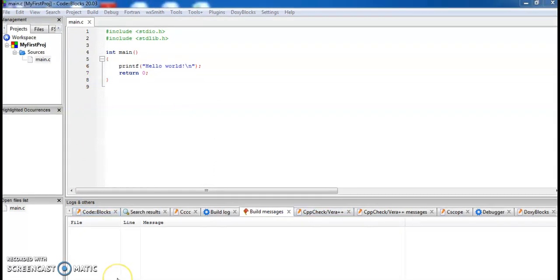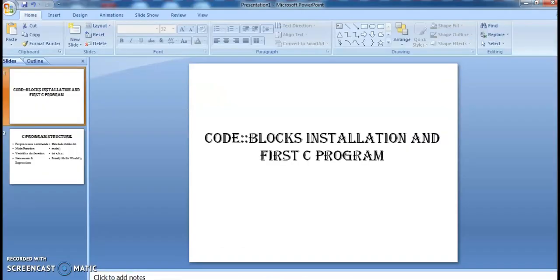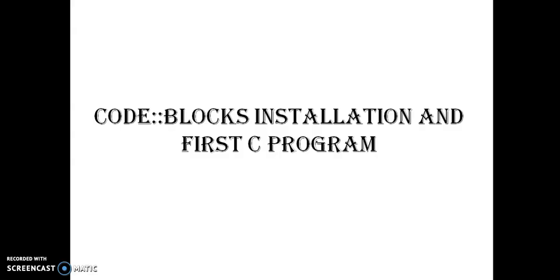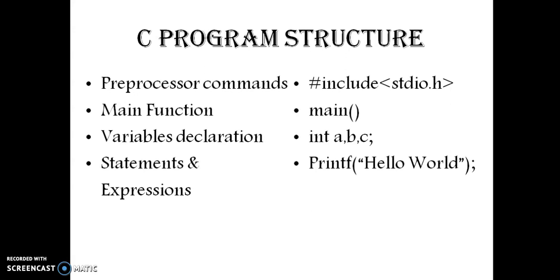Now we'll understand the structure of a C program. Here first of all we'll have preprocessor commands, then the main function, then the variable declaration part, statements and expressions in a C program.